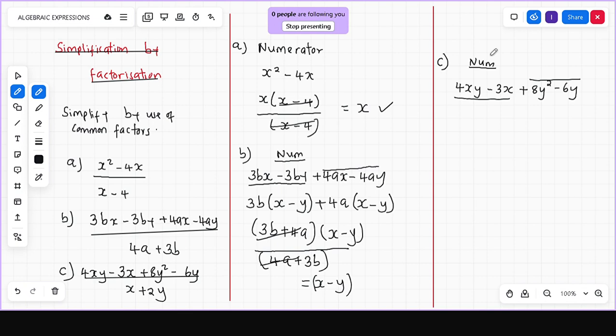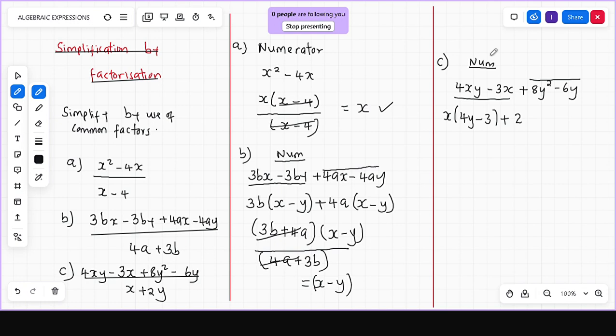We're going to take x outside the bracket, into bracket, x into 4xy. When x goes with x, because x has gone outside the bracket, we are left with 4y, then minus 3, because this x is outside the bracket. Then plus the common factor, the GCD of 8 and 6, which is 2.